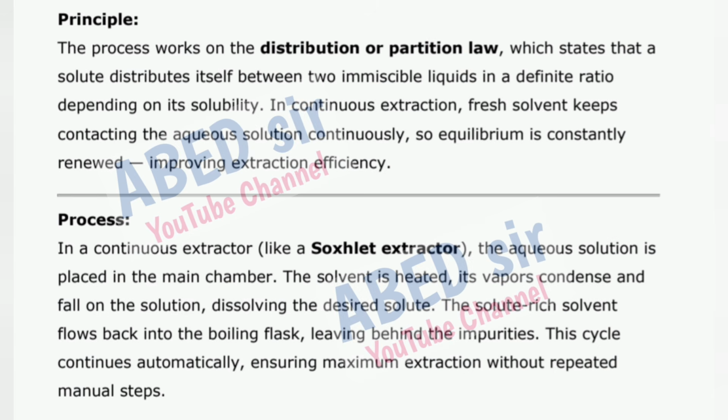Process: in a continuous extractor, like a Soxhlet extractor, the aqueous solution is placed in the main chamber. The solvent is heated, its vapors condense and fall on the solution, dissolving the desired solute. The solute-rich solvent flows back into the boiling flask, leaving behind the impurities. This cycle continues automatically, ensuring maximum extraction without repeated manual steps.